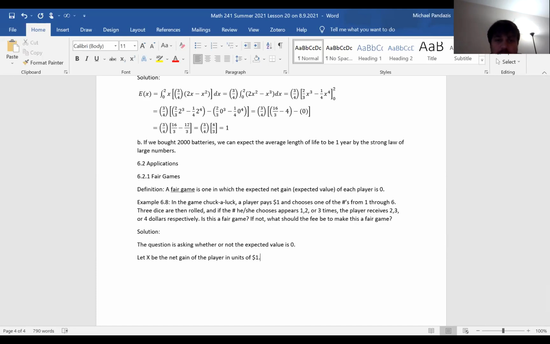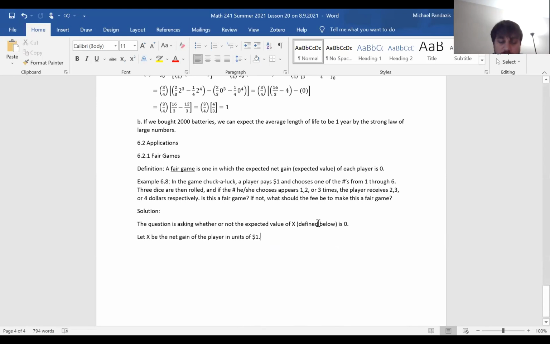Okay. It's asked whether the expected value of x defined below is 0. So let x be the net gain of the player in units of $1. If the fee is $1, possible values of capital X are.